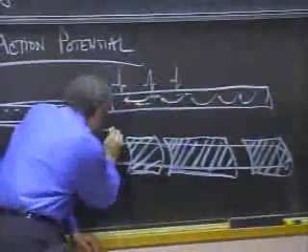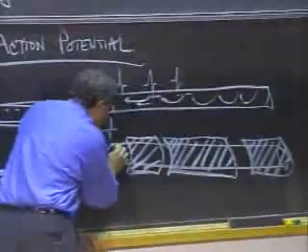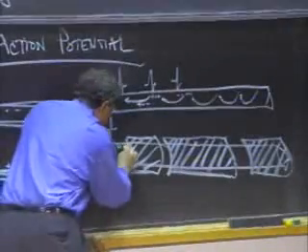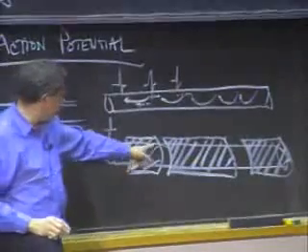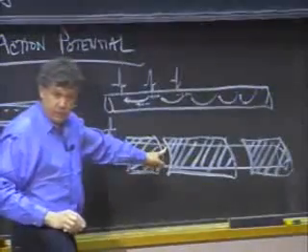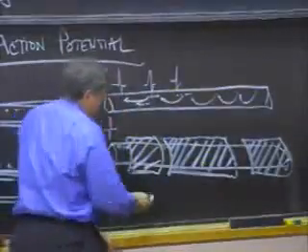Then, when the action potential fires here, it's going to pull charges over, not from the tiny little patch of membrane here, but the charges are going to have to come from here, it turns out, because that's where I'm going to next feel my action potential.